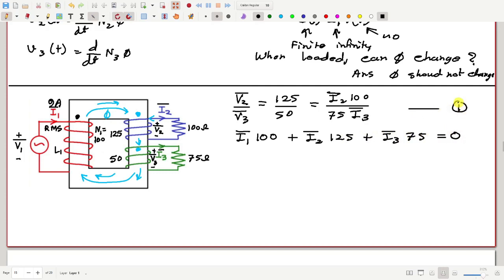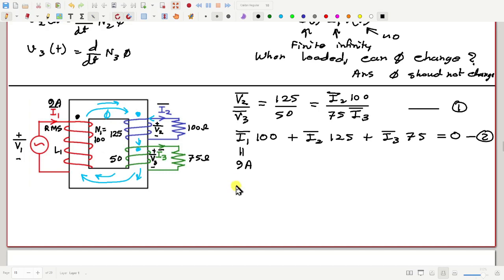So we have two equations, 1 and 2. There are two unknowns. I1 is given equal to 9 ampere. So you can find how much is I2 and I3 from this. How much will that be? Anyone? If you solve, you can solve it.